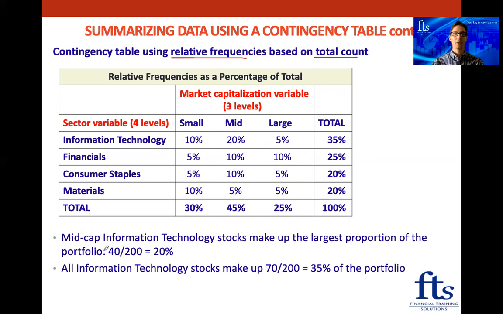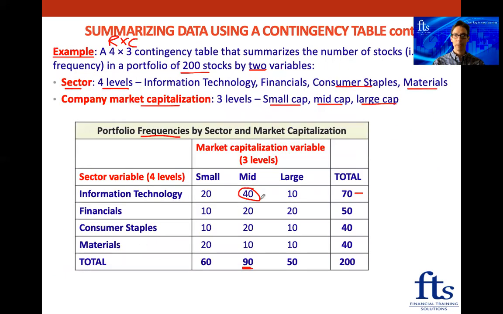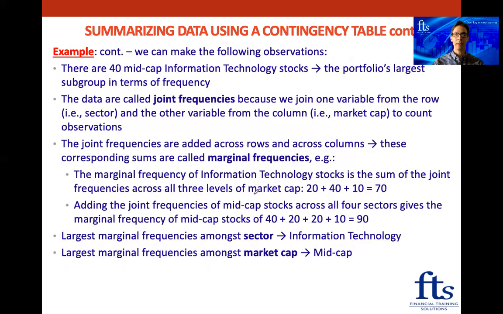Let's work out, for example, the mid-cap IT stocks. We saw earlier, how many of them were there? There were 40 of them, right? So they make up the largest proportion of the portfolio. If we just want to double check, there we go. There were 40 of those there.